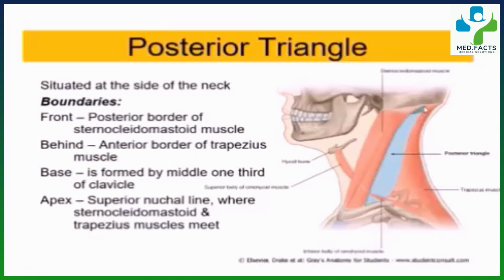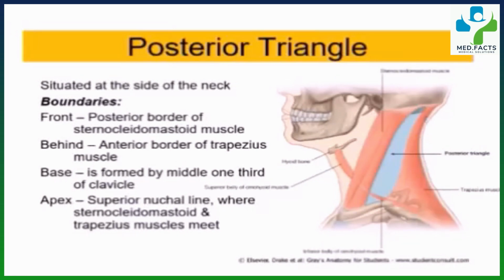The part where the sternocleidomastoid muscle and trapezius meet will be called the apex of this triangle, toward the upper part near the superior nuchal line. So these are the boundaries of the triangle.